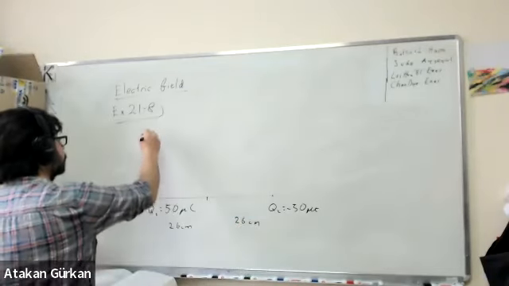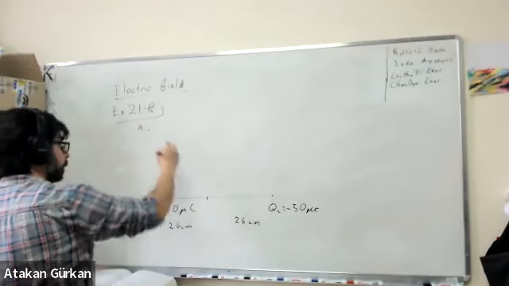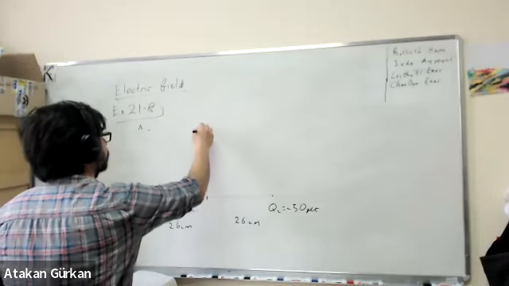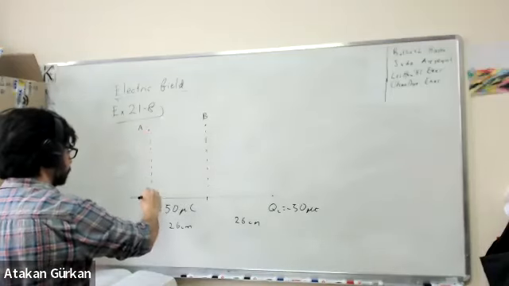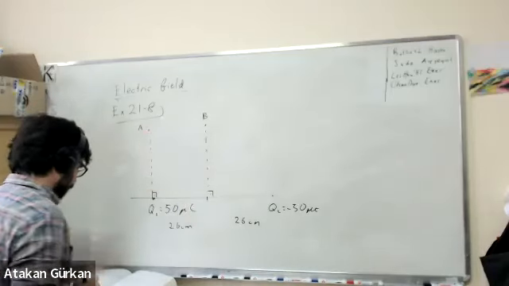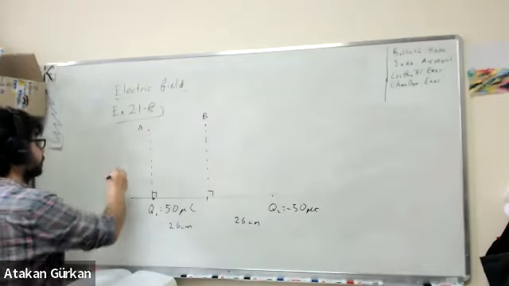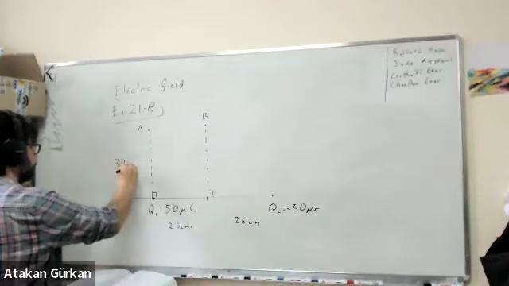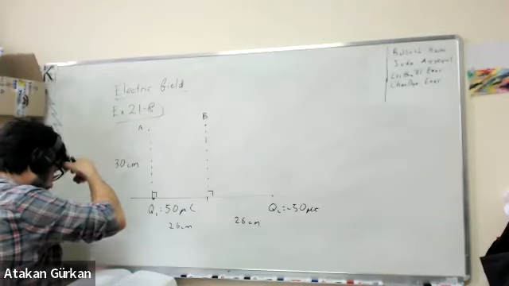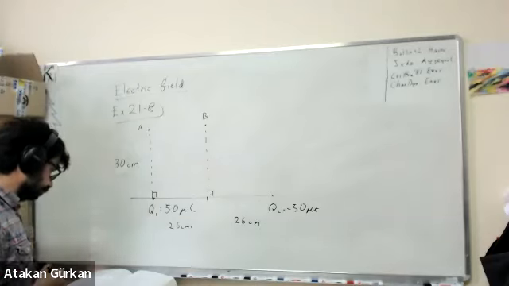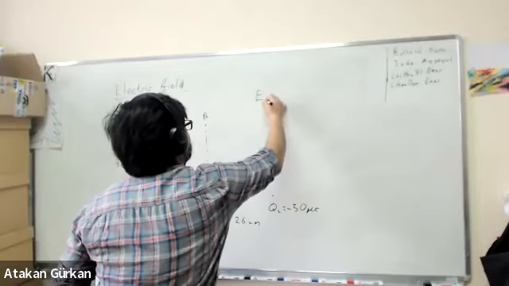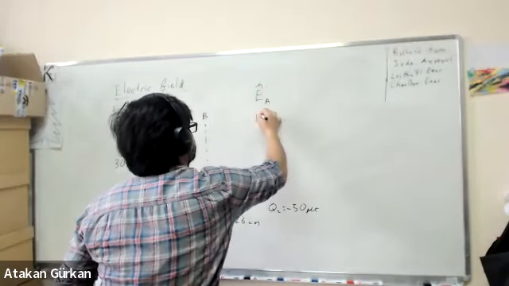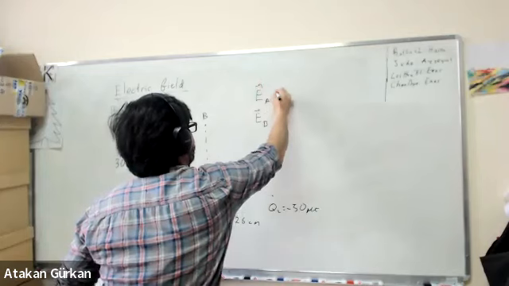And they're asking for this point A and this point B. It looks like these are just perpendicular, so I'll assume they're perpendicular. And this one is 30 centimeters. And we are to find the electric field at point A and electric field at point B.